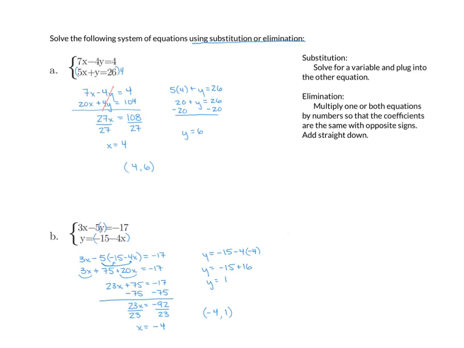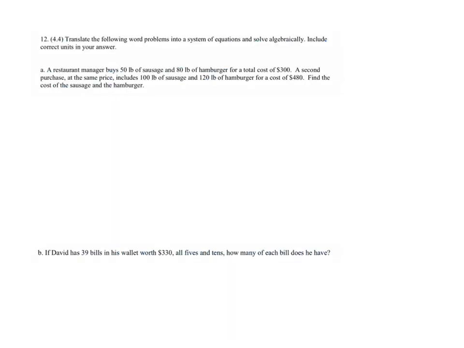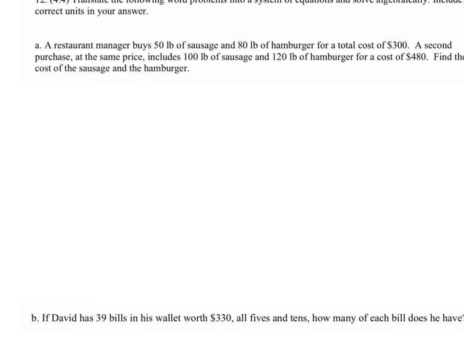All right, so those are some basic substitution or elimination problems. Now let's look at some application problems. Okay, so the first one we have, a restaurant manager buys 50 pounds of sausage and 80 pounds of hamburger for a total of $300.